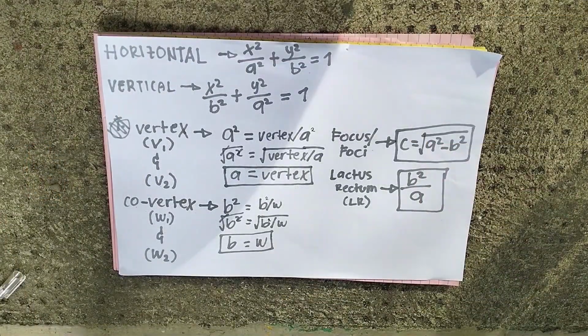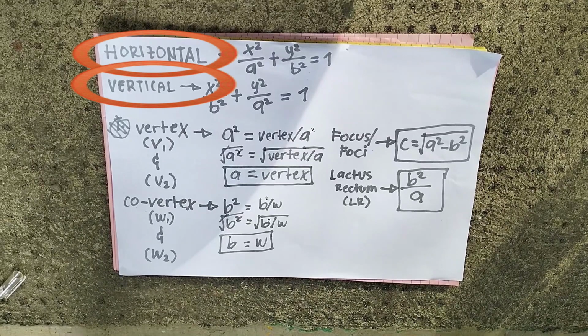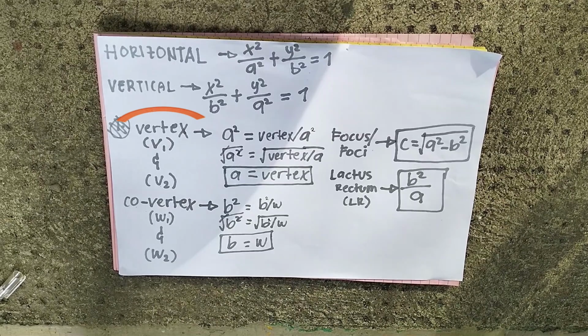So to recap, the steps in getting the values for the ellipse with center at the origin. So first you have to determine the equation you're going to use. It's either the horizontal or the vertical equation. Next is finding your vertex, which is a squared equals the value, and then you'll have to square root it.